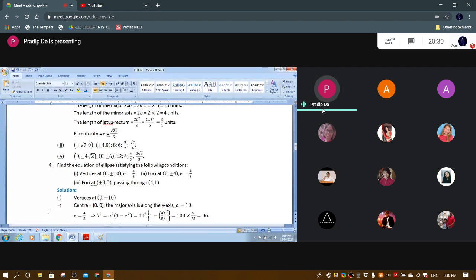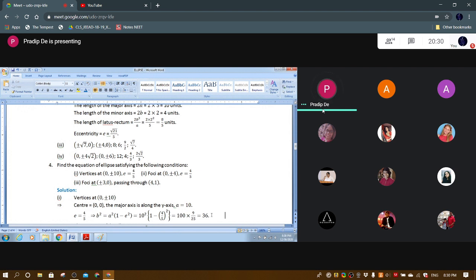B square equal to A square bracket 1 minus E square. Using this relation, A square, that is 10 square, bracket 1 minus E square, E is 4 upon 5, substitute, we get B square equal to 36. So we know the value of A is 10. We know the value of B square is 36.